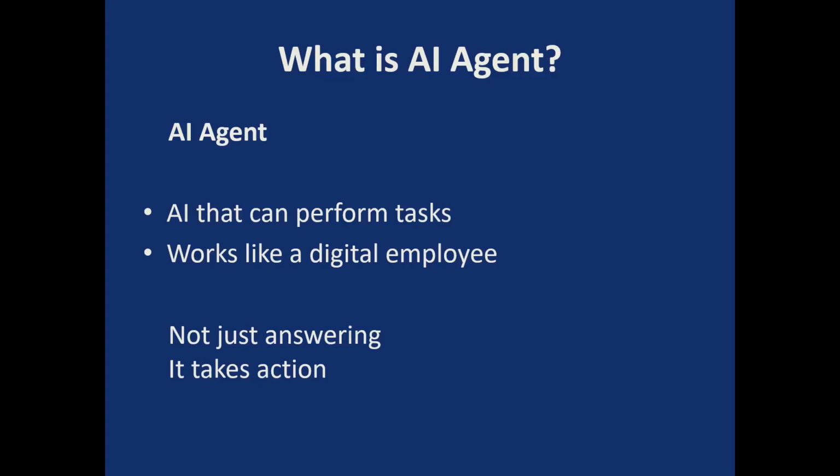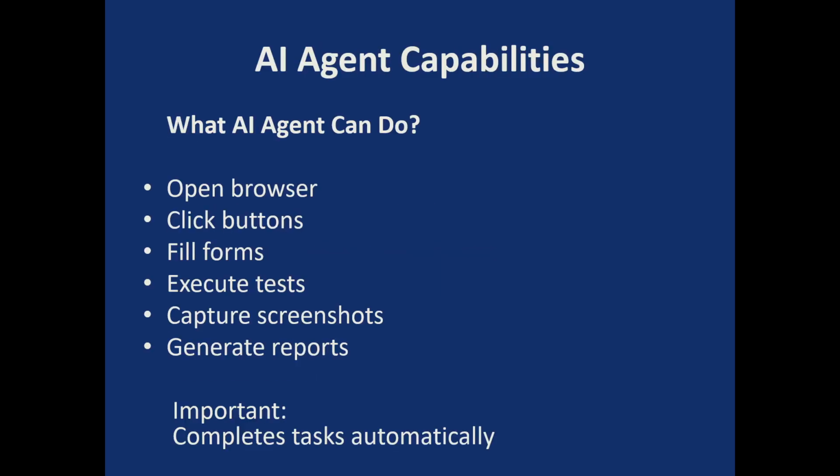For example, if you tell an AI chatbot, test SauceDemo checkout flow. SauceDemo is basically a demo website. So if I say just test SauceDemo checkout workflow, it will only reply with test cases or some suggestions. But if you tell an AI agent, test SauceDemo checkout flow and generate a report, fine, then the AI agent can do it step by step like a human.